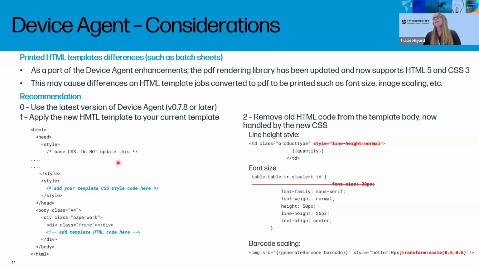And then apply a new HTML template to your current template. So what that means is we have this base template where we have some code to fix some known issues, right? So by taking this base and entering your template information, we expect that the HTML should match. So let's take a look at that.